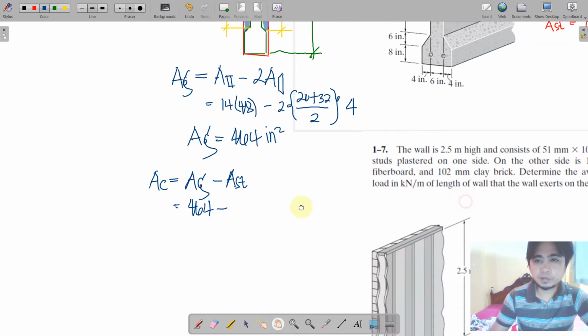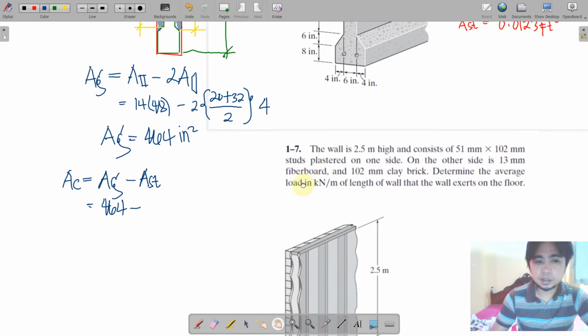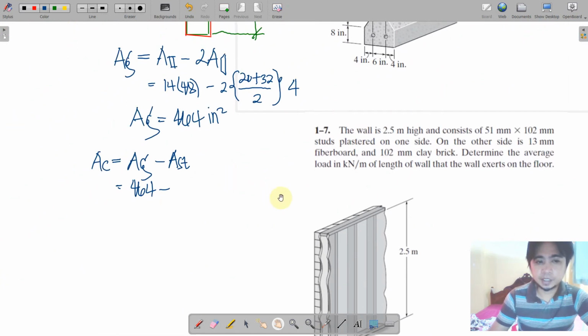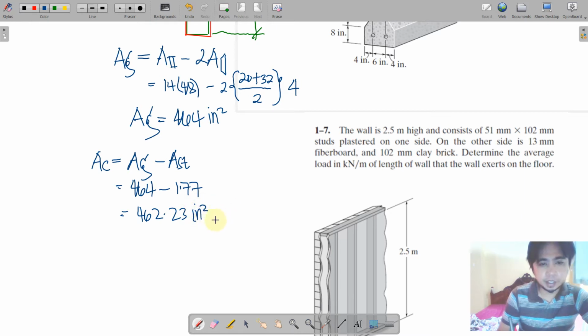We refer to what we have calculated a while ago in terms of square inches, obviously 1.77 for that one. So we have 462.23 square inches. And again, we are going to convert that by dividing it by 12 squared.